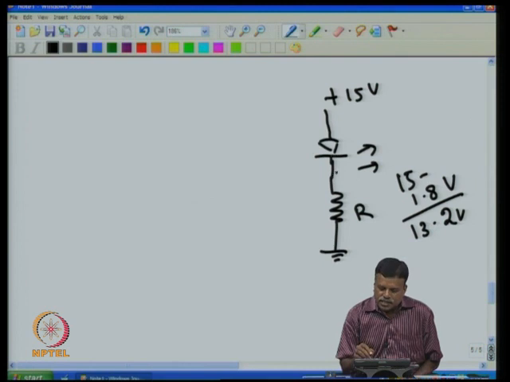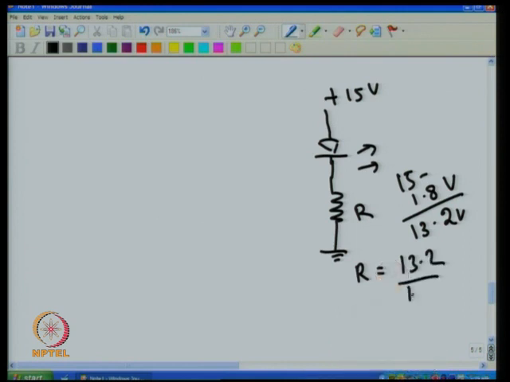Since these two are in series, the same 10 milliampere current goes through this, and if I have 13.2 volt across this with 10 milliampere, then the resistance value R will be 13.2 divided by 10 milliampere. That is 10 to the power minus 3. So that will become 1.32 K resistance.